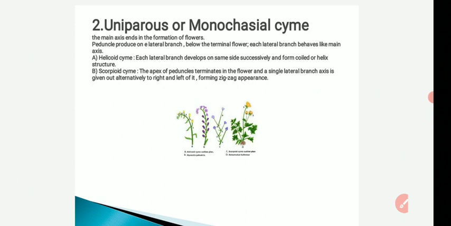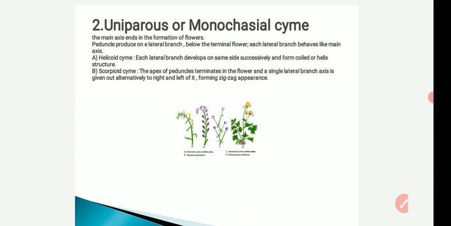Let's see what is meant by helicoid cyme. In this type, each lateral branch develops on the same side successively. Due to this, a coiled or helix-like structure is formed. Therefore, this inflorescence is called a helicoid cyme type of inflorescence.